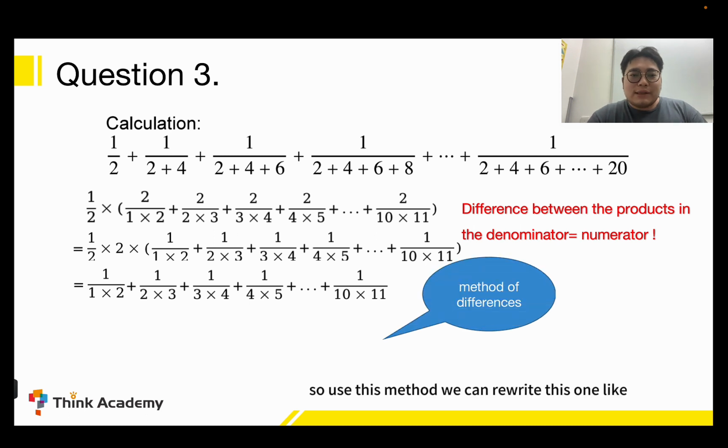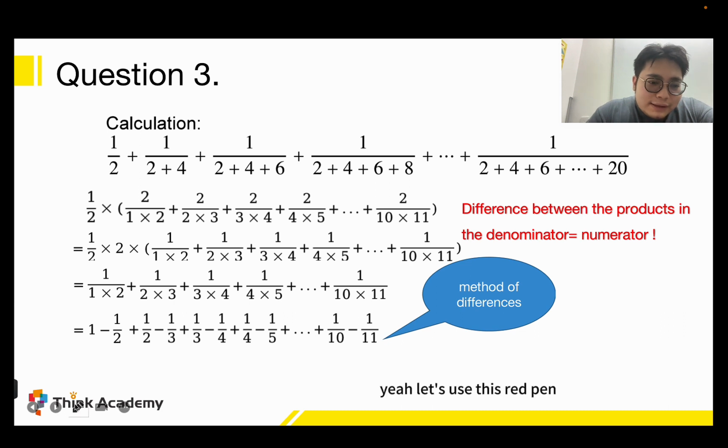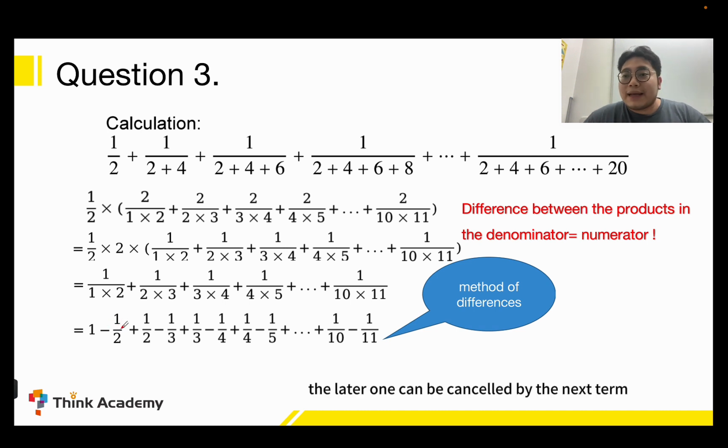So using this method, we can rewrite this as 1 minus 1 over 2 plus 1 over 2 minus 1 over 3 plus blah blah blah plus 1 over 10 minus 1 over 11. Okay, you see? Let's use this red pen. The later term can be cancelled by the next term's former one.